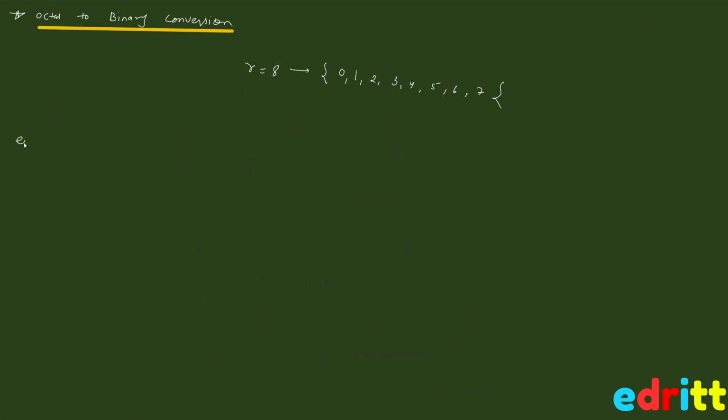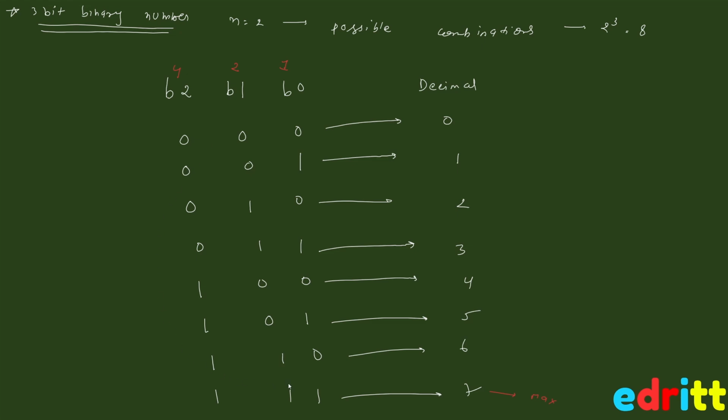So let's suppose you are given an octal number, something like 712.456 base 8, which means it's an octal number, and you're asked to convert it into a binary number. What you have to do is simply write the binary equivalent of each digit of this octal number. So simply go to this table and look at the equivalent binary number of each octal digit.